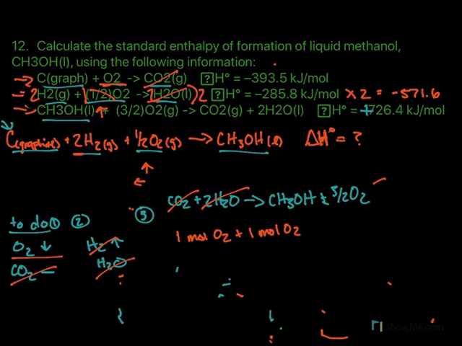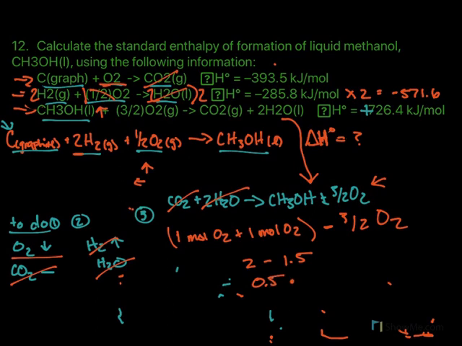And then I've also got, from this equation, so this is this equation that I just rotated, I've got 3 halves of an oxygen. So if I do 2 minus 1.5, I will end up with 0.5 or 1/2, which will give me this 1/2 mole of oxygen.